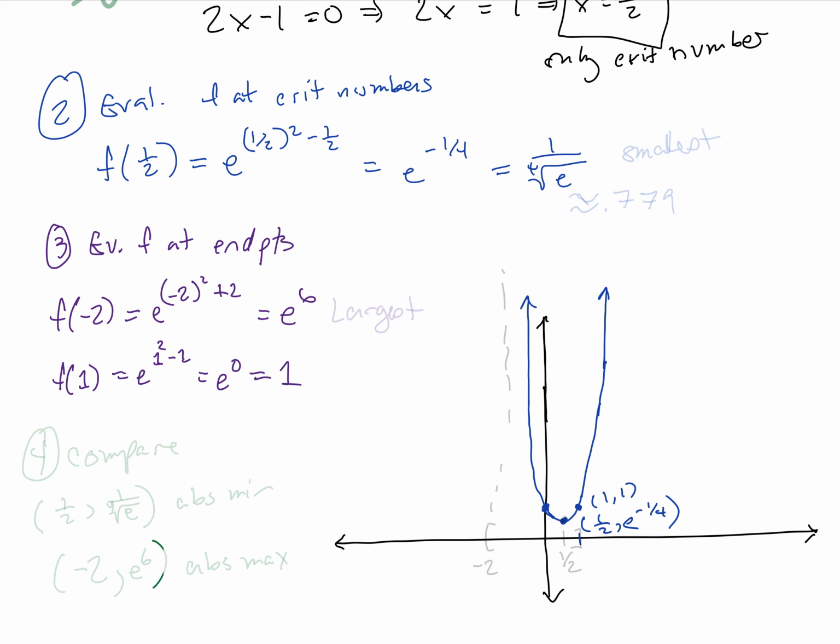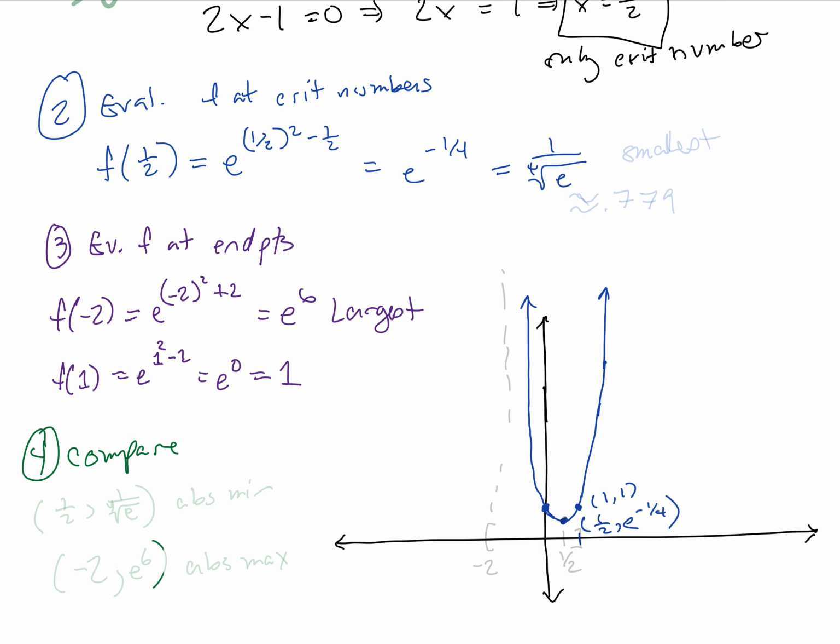So now we need to compare these values. So compare these outputs from the endpoints and the critical numbers. So this is clearly the largest value. E to the 6 is bigger than 1. E to the 6 is 2.718 times itself 6 times, so it's much larger than 1. And now what about 1 versus 1 over the fourth root of e?